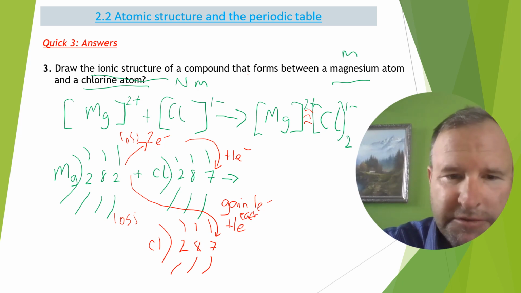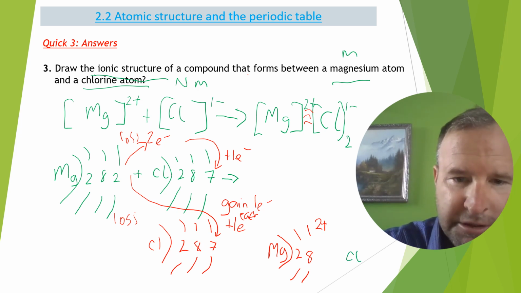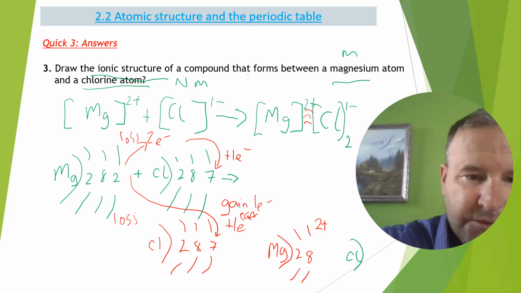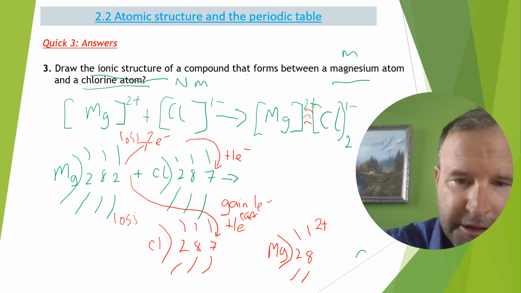Okay, in terms of a diagram, they look something like this. Magnesium, we've got 2, 8, and it's a 2 plus charge. And I'll draw chlorine in green. Chlorine, and I'll put it the other way around.